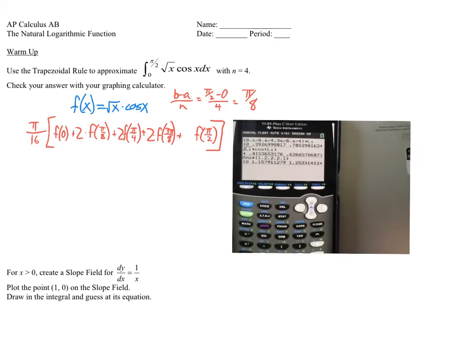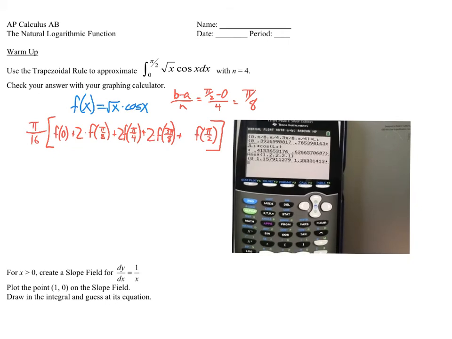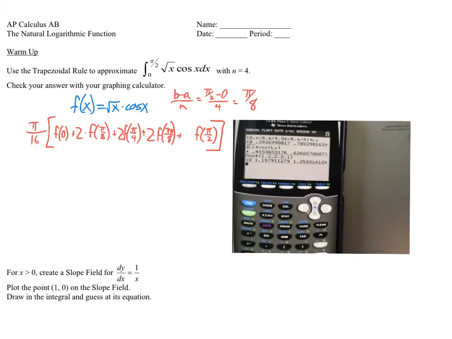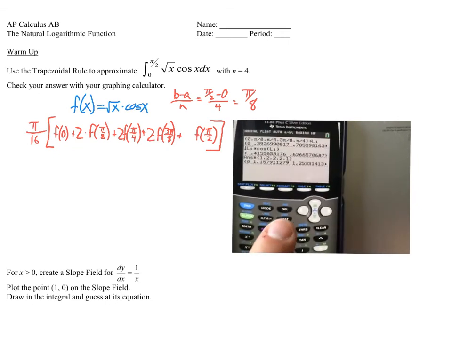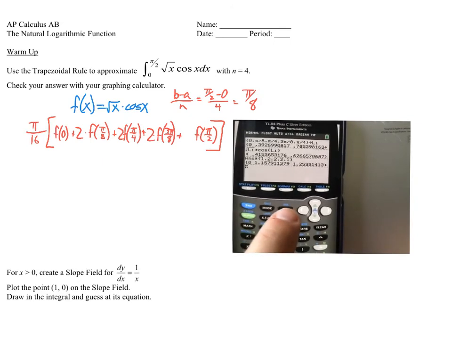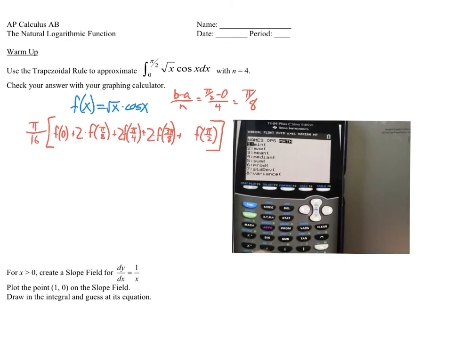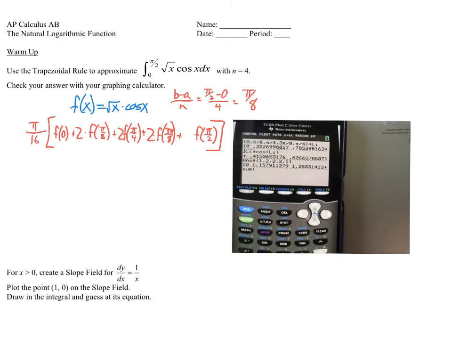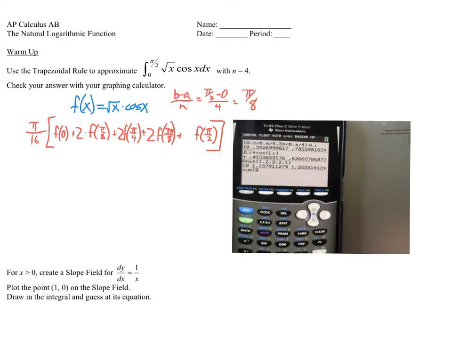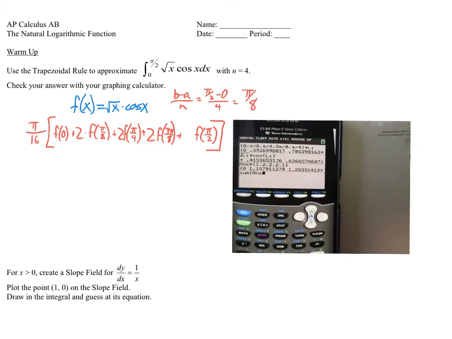Okay, so the last thing I need to do before I can multiply is actually add these together. And to do that, we go second list, come over here to math, and number 5 is the sum. And I'm going to do the sum of the answer, so shift negative sign.